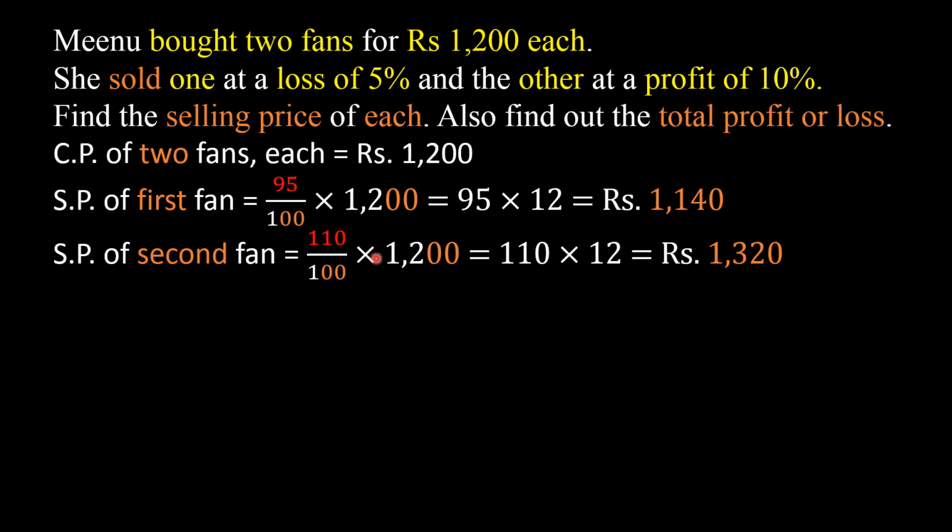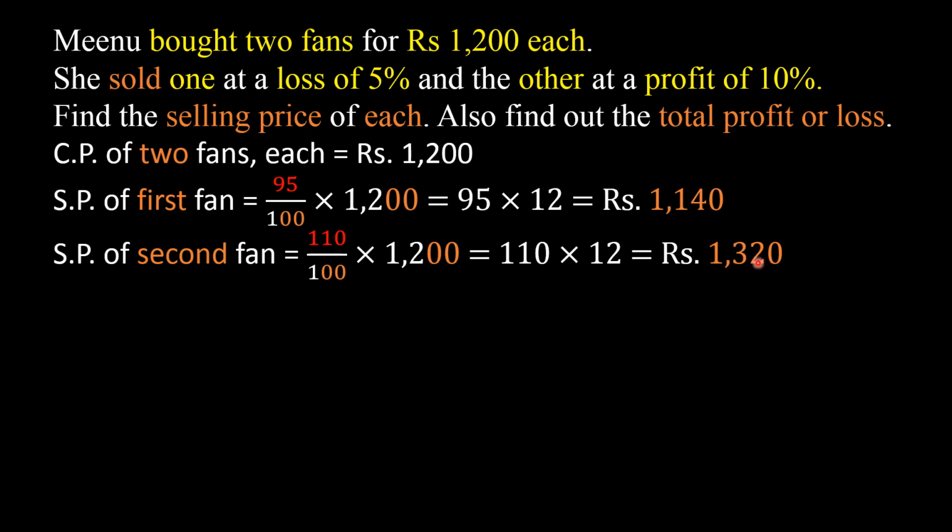The selling price will be 110 divided by 100 multiplied by 1200. These two zeros will get cancelled with these two zeros. So 110 multiplied by 12, which will be rupees 1320.